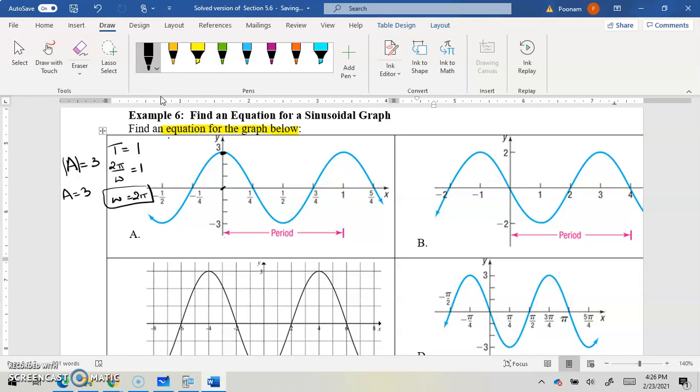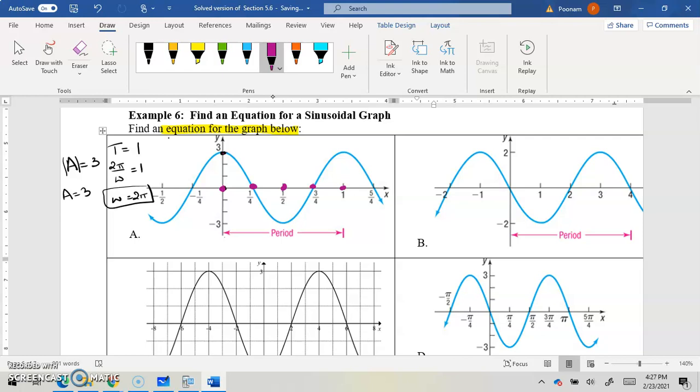Now, is it cos function or sine function? I wonder that using the key points. This is my first key point, second key point, third key point, fourth and fifth. At 0, the graph's value is the amplitude value, 3. At the first key point, it is 0. That means this is a cos function because for sine function, the first key point is 0, right?